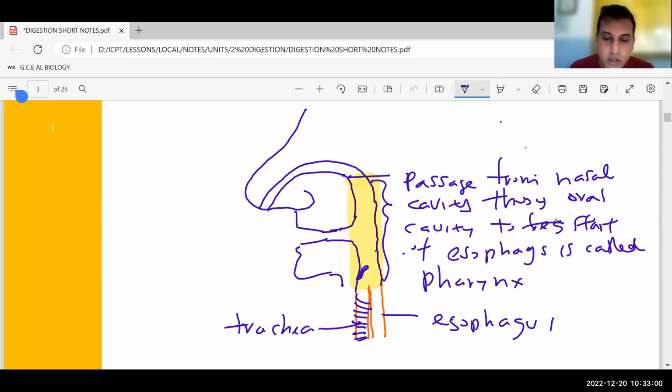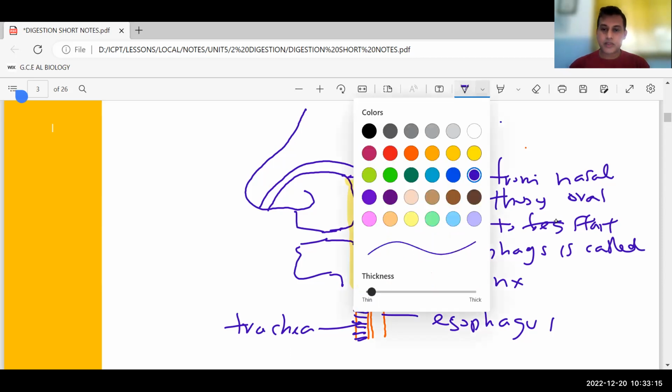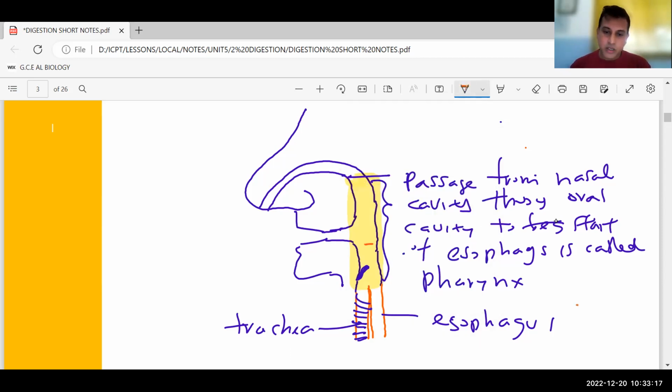Okay, there's a small structure here. This one can close. Let's say that now, if the food is coming, this is called food bolus.